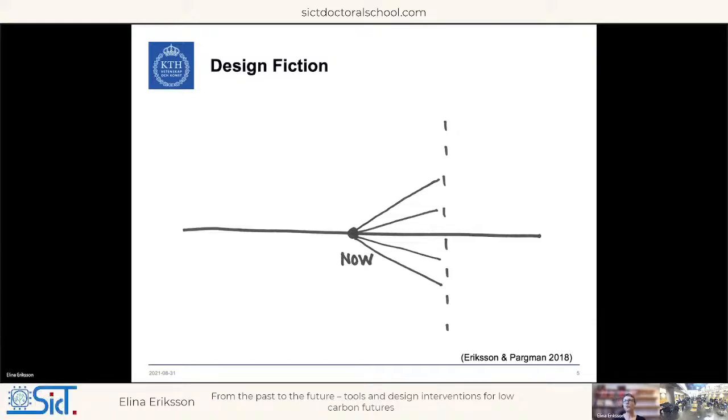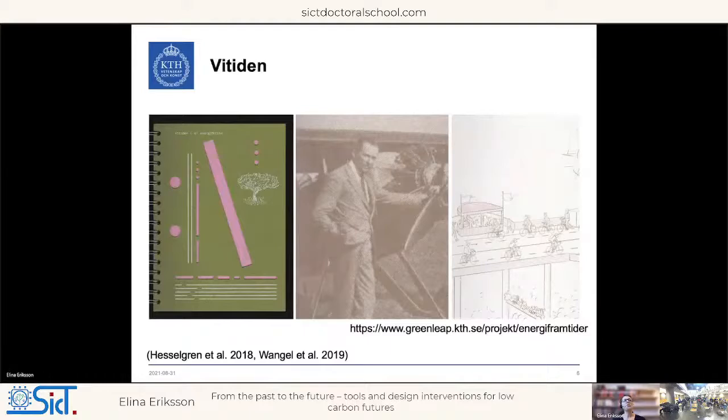So one first example from my own research is a book that we wrote called Vitiden. It's an energy fiction, and it was based on these future scenarios that our Swedish Energy Agency developed, showing four different possible futures of the Swedish energy system.